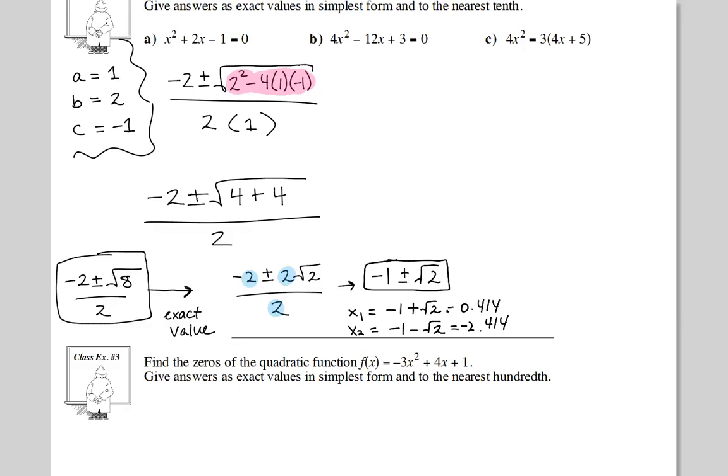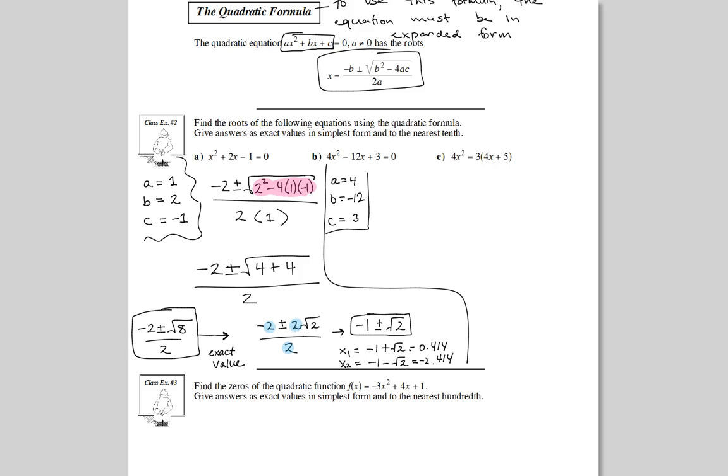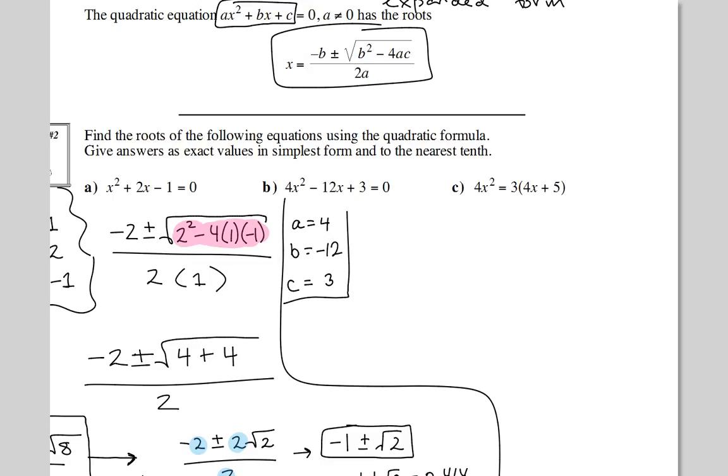Okay, let's go to the second one, and then I'll erase everything, and we'll do the third one. Again, establish the variables just to make sure you're on track. A is 4, B is negative 12, and C is 3. Okay, let's use the formula up above.